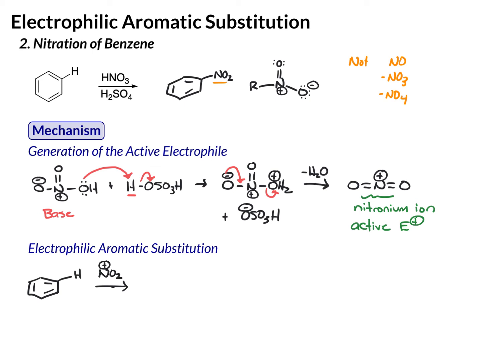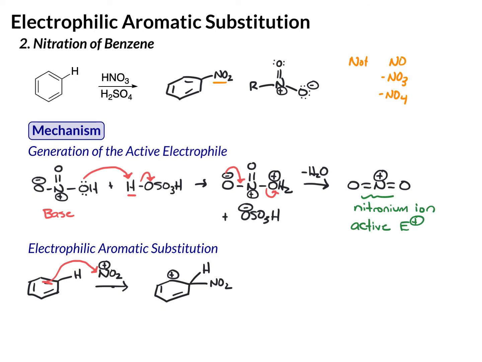We're going to use a pi bond in benzene and attack that electrophile. From there, now I'm going to put the NO2 on the same carbon where I've drawn in the hydrogen. And then the other carbon that was part of the pi bond will bear the positive charge.